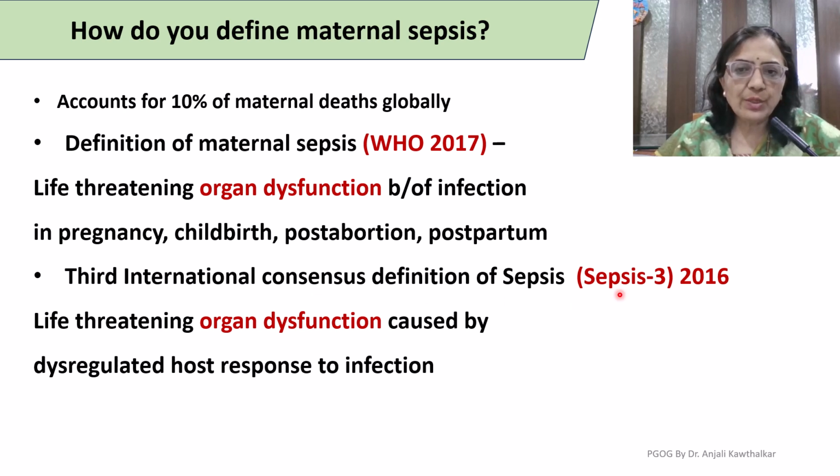Whenever I use sepsis 3, it means it is as per the third international consensus definition. This consensus defines sepsis as life-threatening organ dysfunction caused by dysregulated host response to infection. And again, that will also be in pregnancy, childbirth, post-abortion or postpartum.